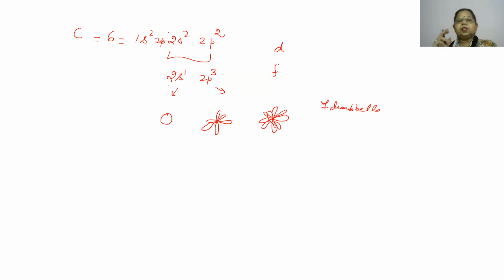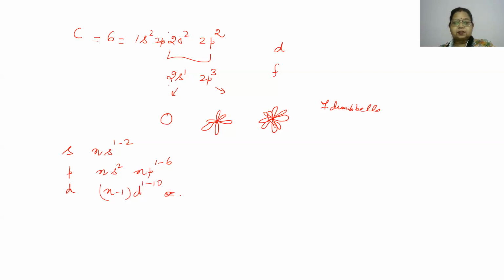More importantly, if you recall the general electronic configuration of S, P, and D block elements: for S block, we say this is ns1 or 2. For P block, this is ns2 np1 to 6. When we move to D block, what do we say? It is (n-1)d1 to d10 ns1 or 2.